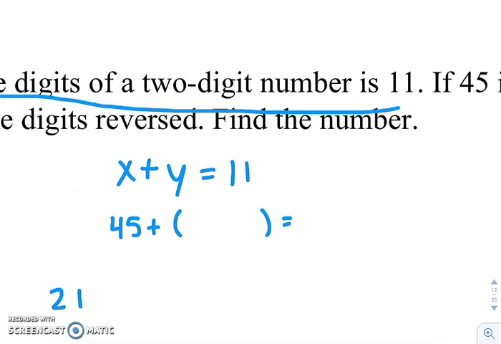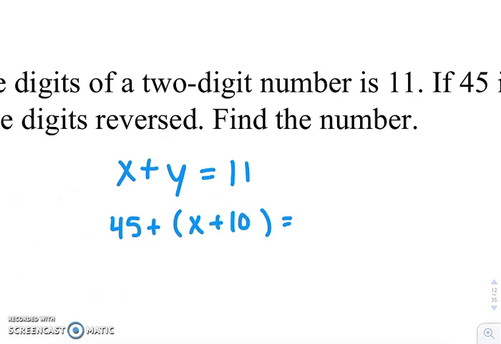The 2 is not 2, the 2 would really be 20. So when we write this number in mathematical terms, x plus 10y says y is the first digit going from left to right. So y is in the tens place and x is in the ones.